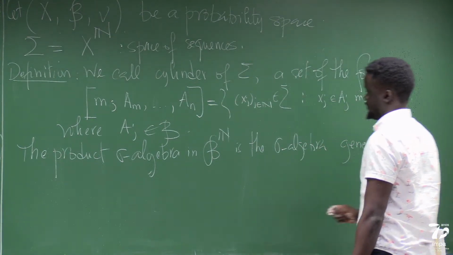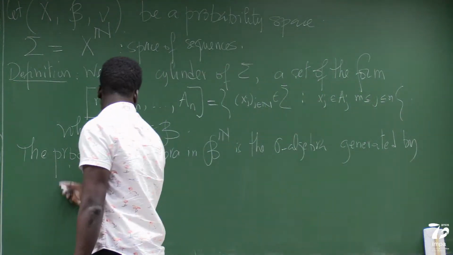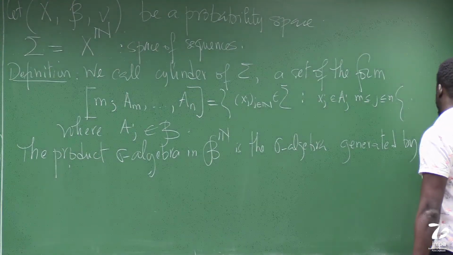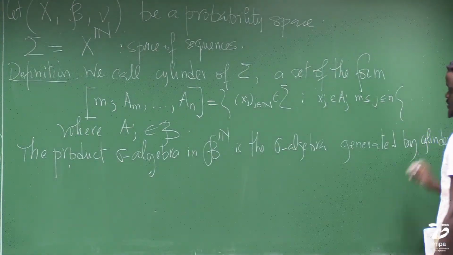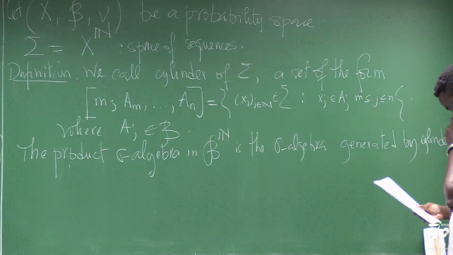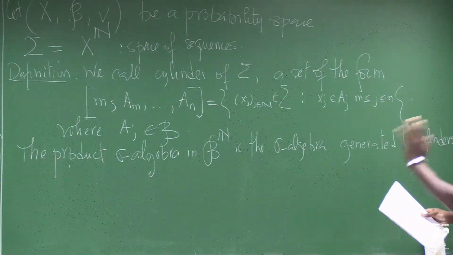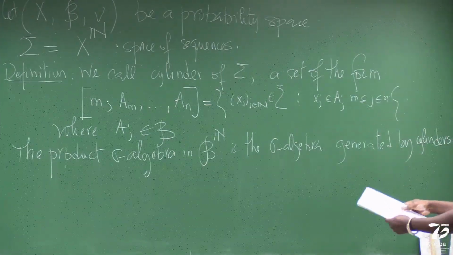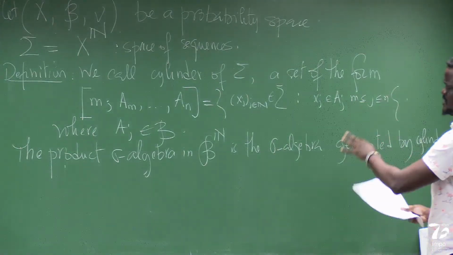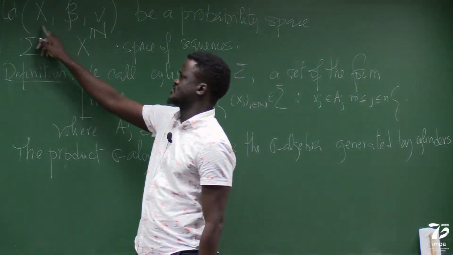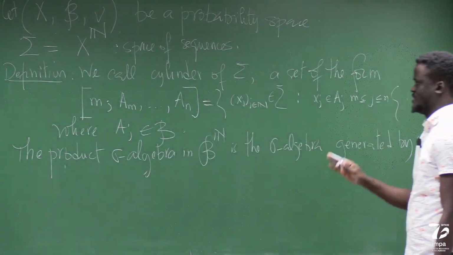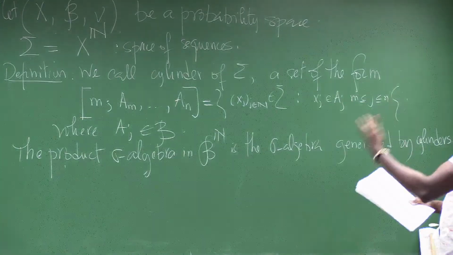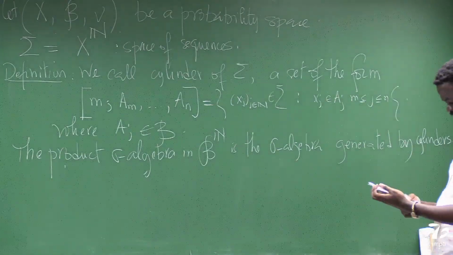Okay, I can just write it here. This is a sigma algebra, so it's just given by these cylinders. Later on, I will just write when X is a finite set, that you can even define a metric on this space, so this will be a metric space. But in general it is just like this.